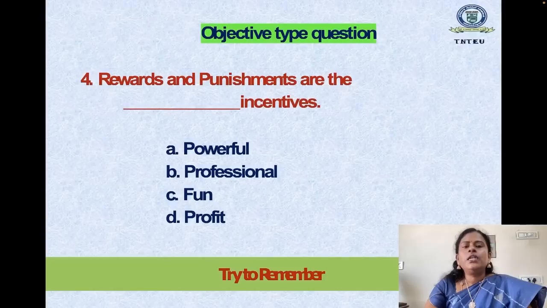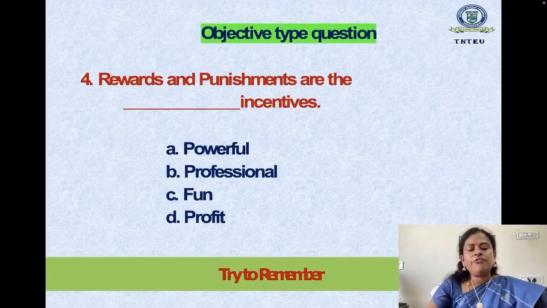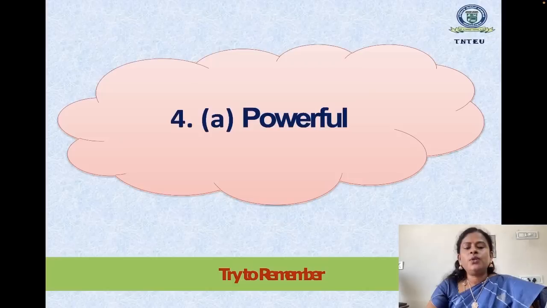Fourth question: Rewards and punishments are the dash incentives. Options: option A, powerful; option B, professional; option C, fun; option D, profit. Try to remember. The answer is option A, powerful.